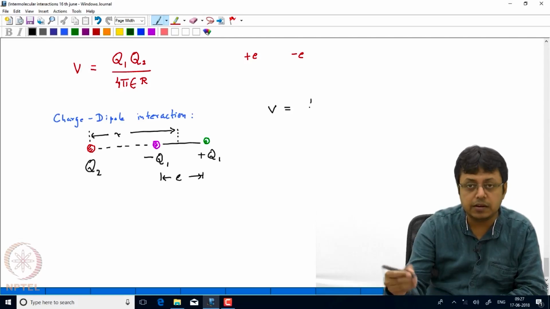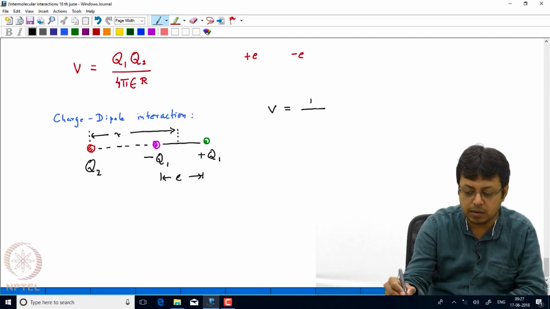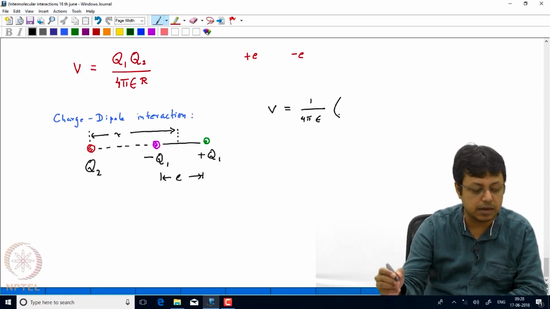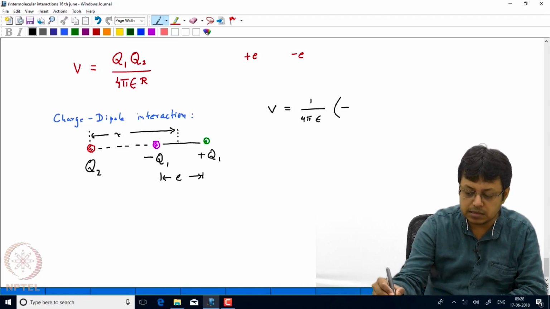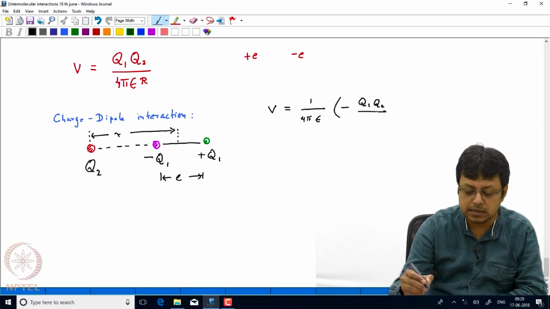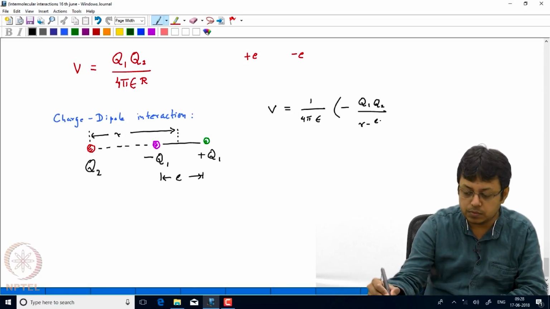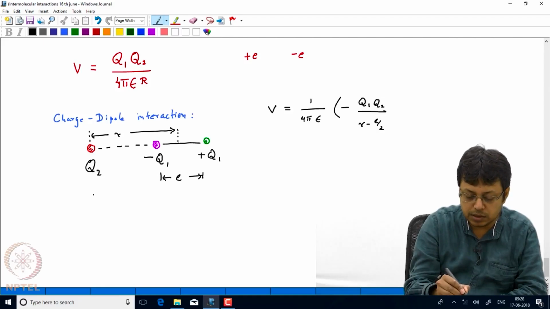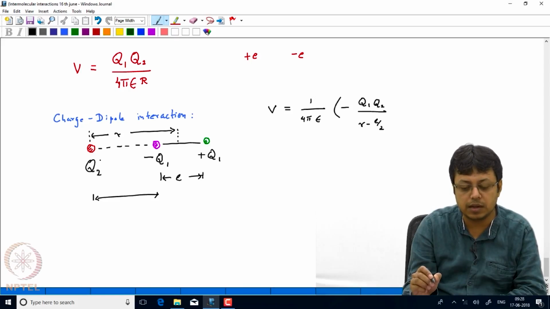Every interaction, as you know, will have a term 1 by 4 pi epsilon, and the first term will be the interaction between Q2 and minus Q1. So we'll have minus Q1 Q2 divided by the distance, and in this case the distance will be r minus L by 2, because this is the distance between the Q2 charge, which I have denoted as the red sphere, and the Q1 charge, which is the pink circle.